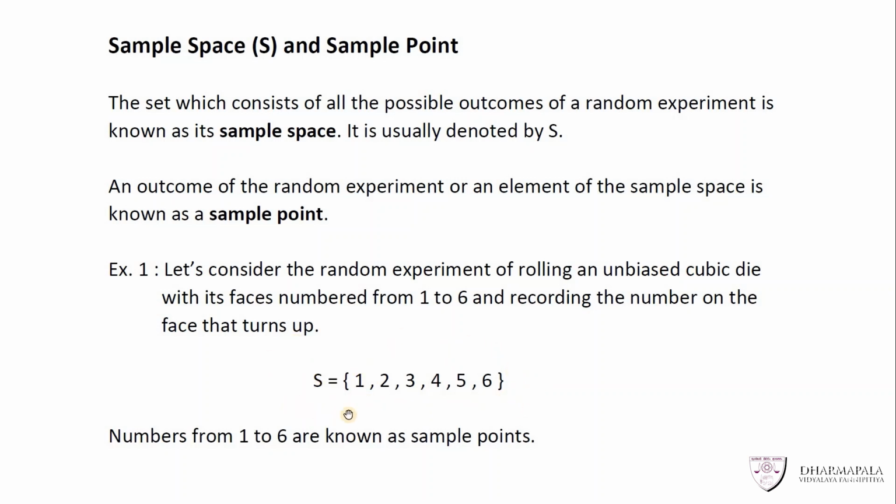So you can see this is the sample space. We are using capital S to denote that. So each number here, for each outcome or each element, is known as a sample point. So it is clear numbers from 1 to 6 are known as sample points.